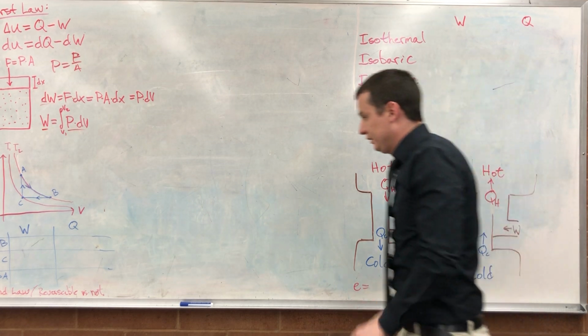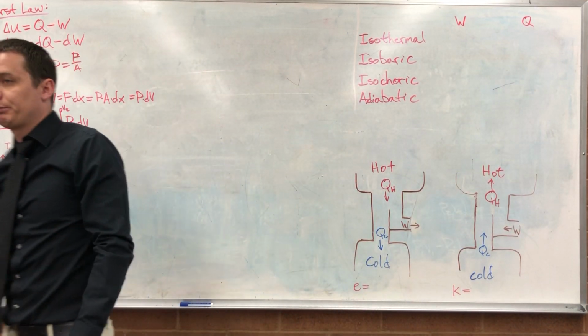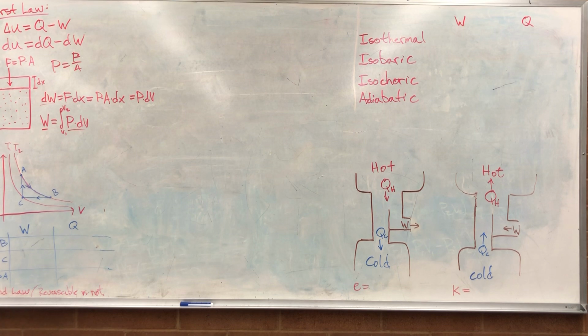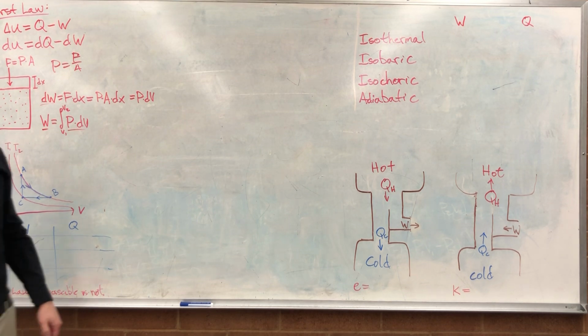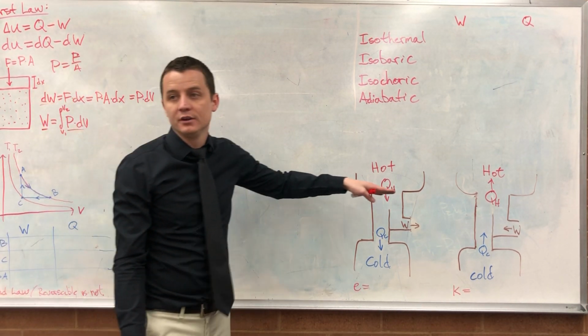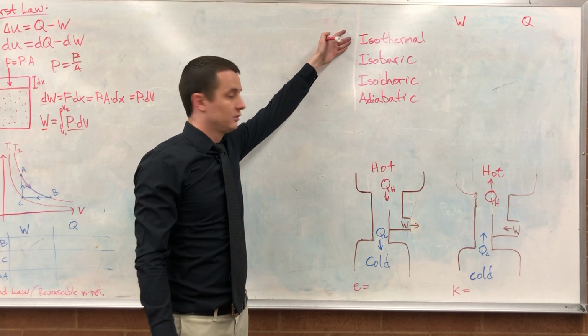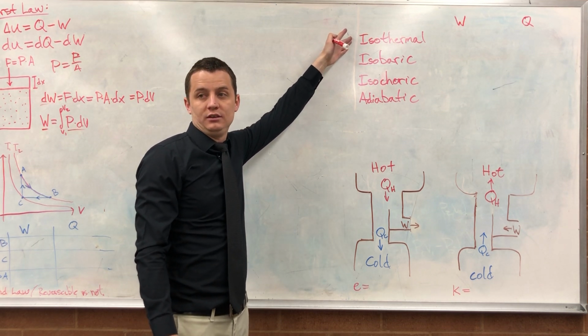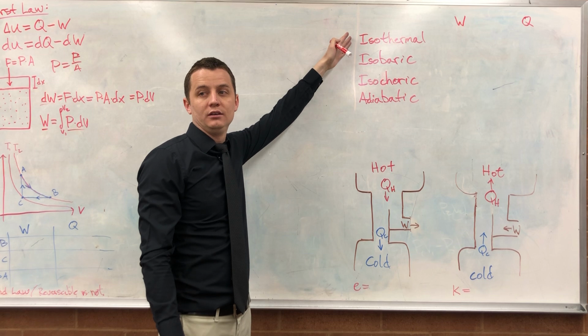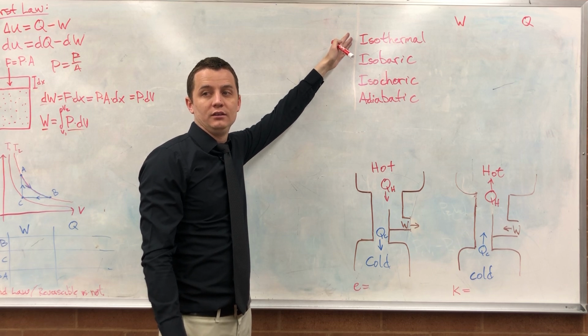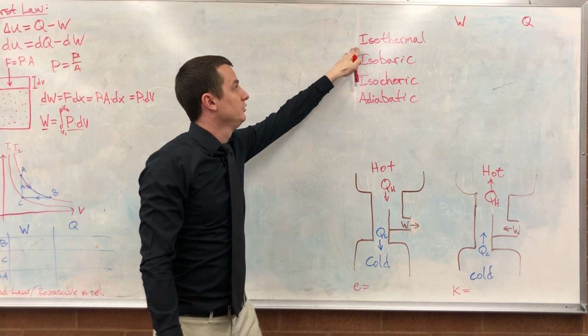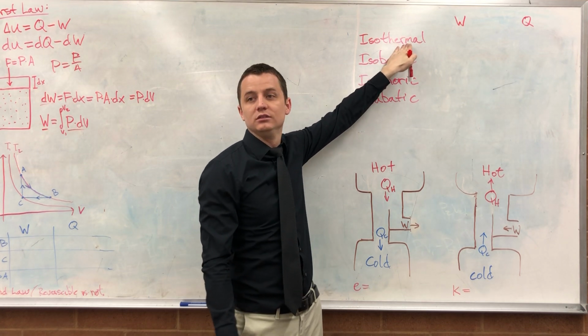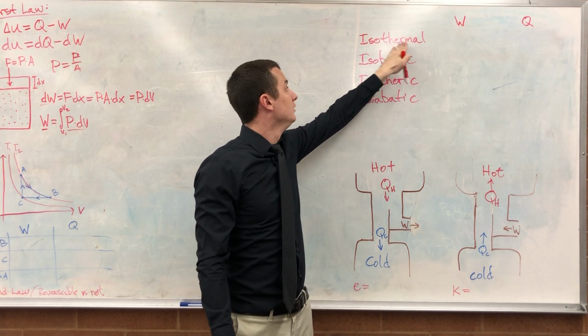So we talked about four types of processes that we're going to be dealing with a lot: isothermal, isobaric, isochoric, and adiabatic. Isothermal meant work is equal to 0, or was that isochoric? Well, just isothermal. What does iso mean again?